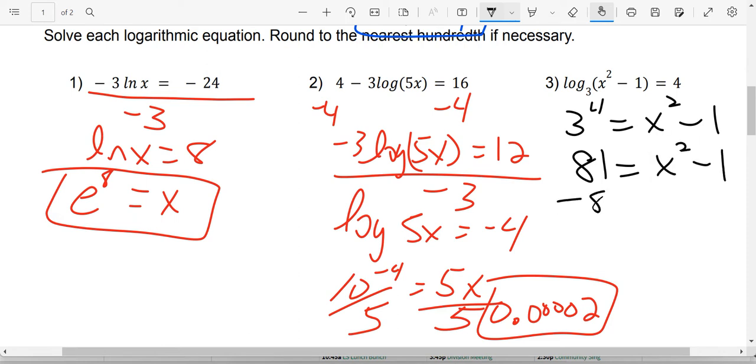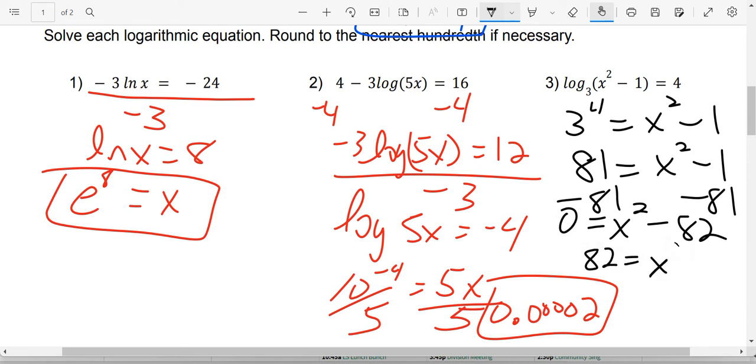And we subtract 81, subtract 81. You're going to get x squared minus 82, and then move the 82 over. 82 equals x squared, take the square root. x is equal to plus or minus the square root of 82.